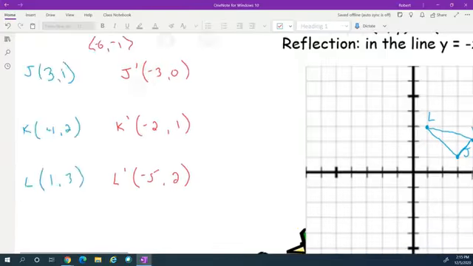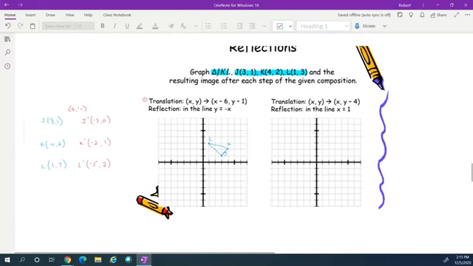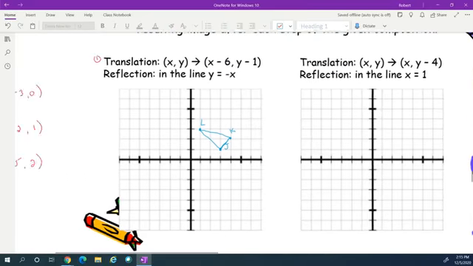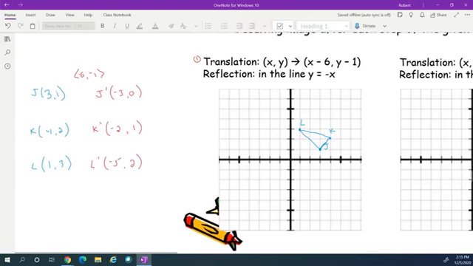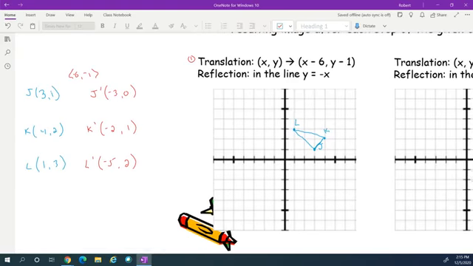So if we look at this, what did this translation do? It went left and down. J prime is -3, 0.